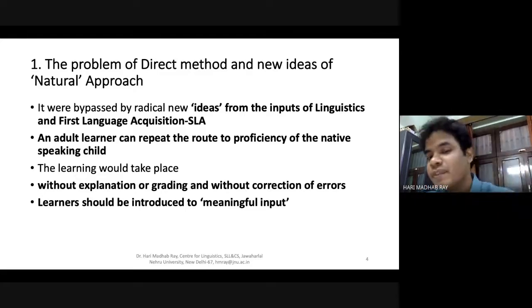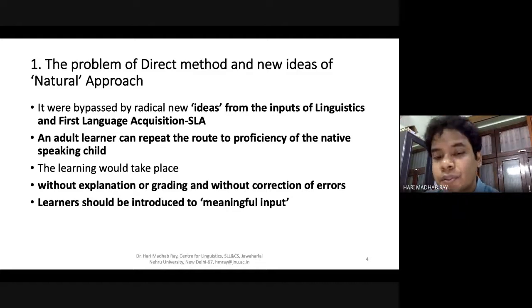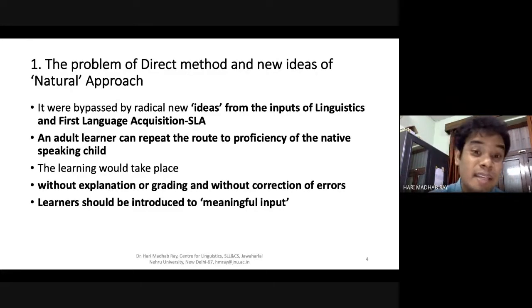You remember the comprehensible input, the theory we talked about, Stephen Krashen's theory, the 5 hypotheses. So this is where the natural approach comes into the picture after the 1970s, somewhere around the 1970s or 80s. But the existence of the direct method was before that, you see.